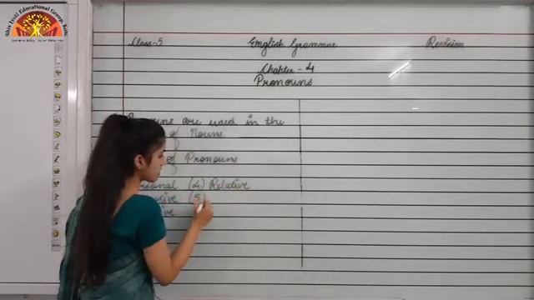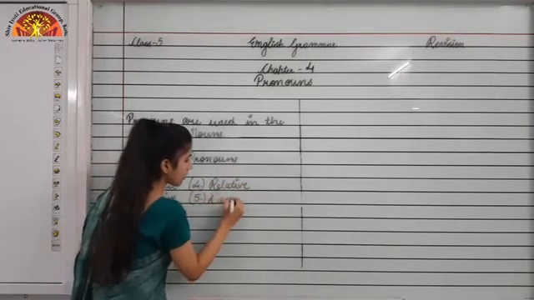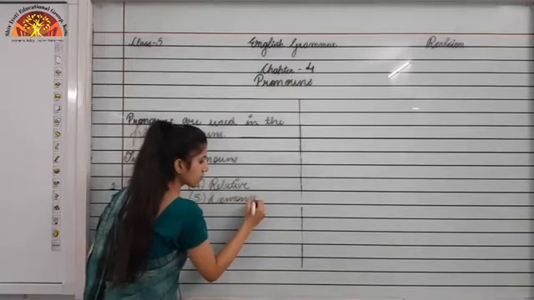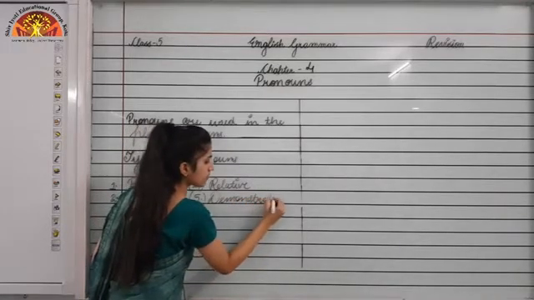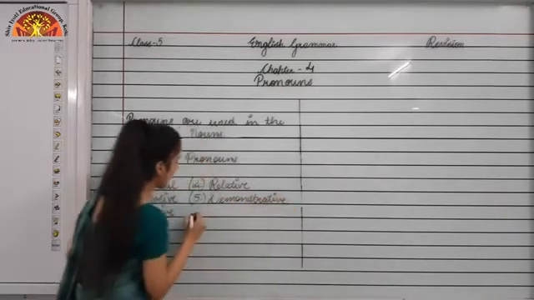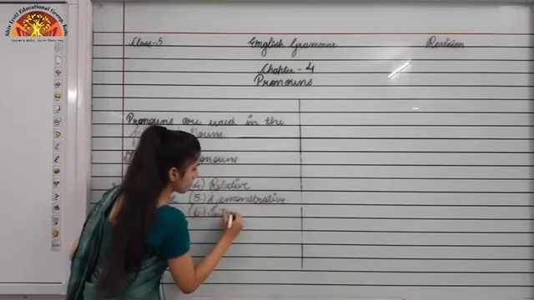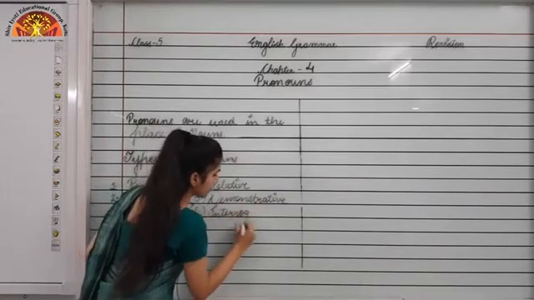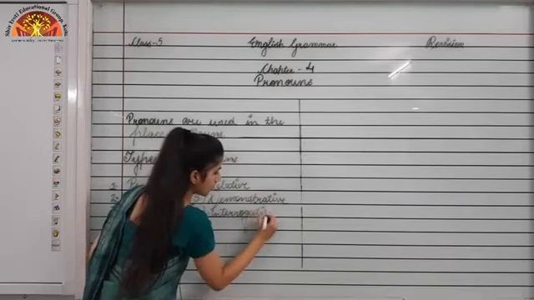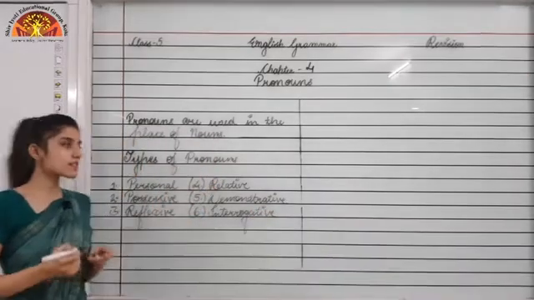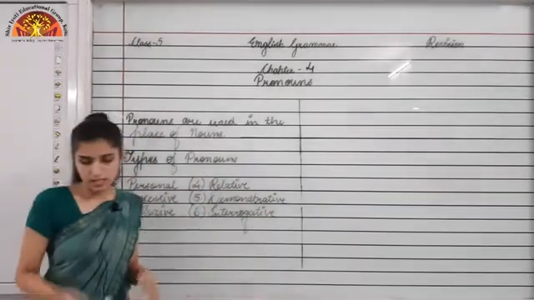Fifth one is demonstrative pronoun. And the last one is interrogative pronouns. Okay, so these are the 6 types of pronouns that we will be studying.